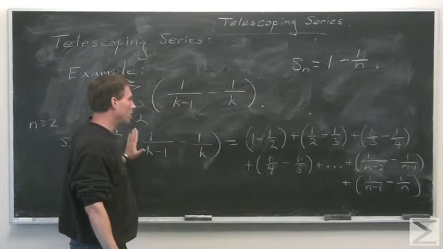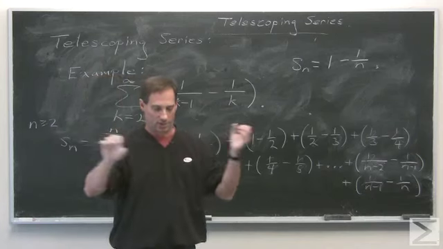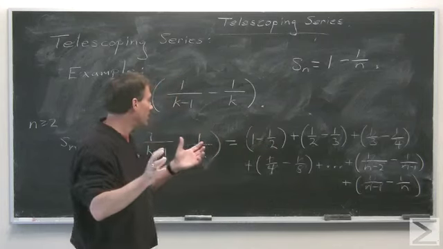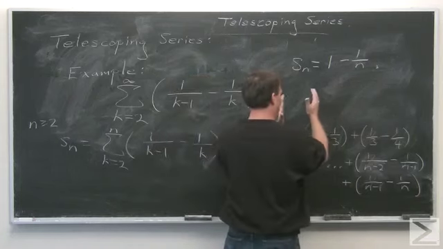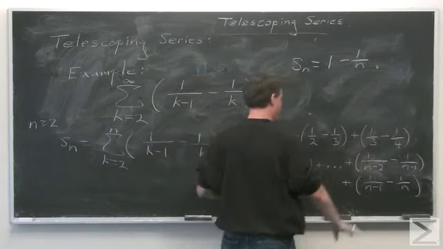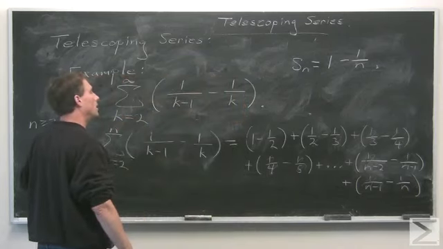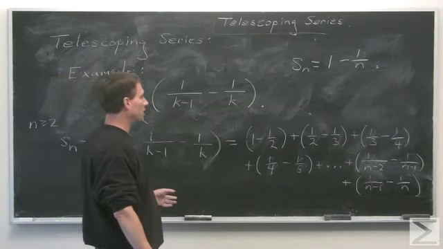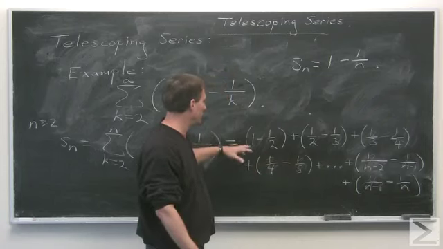This is called telescoping because it's like one of those telescopes that collapses and you can extend it like this. I don't know if you've ever seen one. But, you know, this is the telescope collapsed and this is it, kind of expanded outward. So it's easy to get a formula for the partial sums because pieces of the terms cancel in pairs.